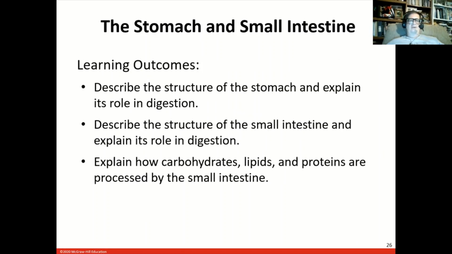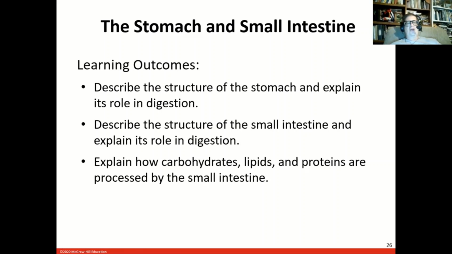Okay, let's move on. So we've gotten through the mouth and the pharynx and the esophagus. Let's now talk about the stomach and the small intestine, the structure of the stomach, and its role in digestion. I want you to know that we don't actually do a lot of absorption of nutrients with the stomach. We absorb water, we can absorb alcohol.